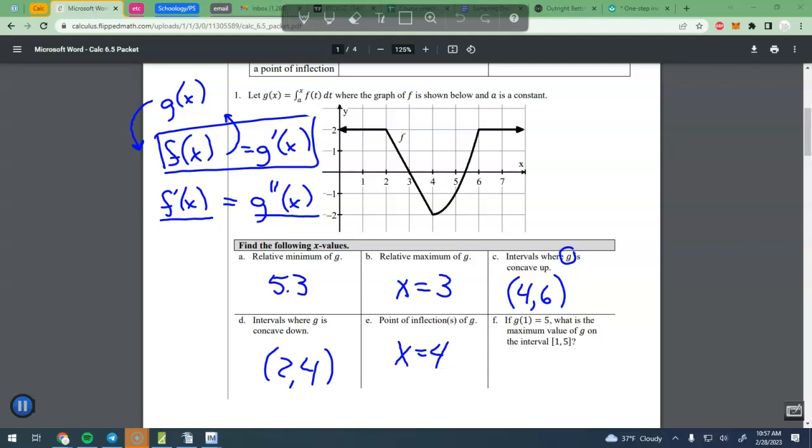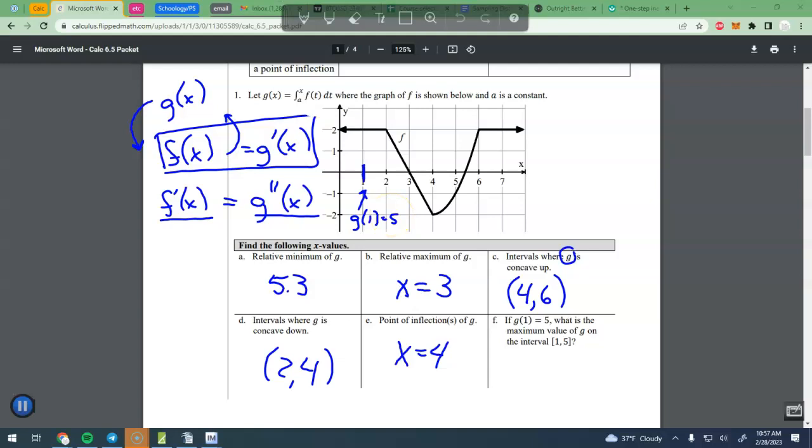If G of 1 equals 5, what's the maximum value on the interval 1 to 5? So G of 1 equals 5. Remember, integrals are like accumulation functions. So what they're saying is I've already accumulated 5 units.